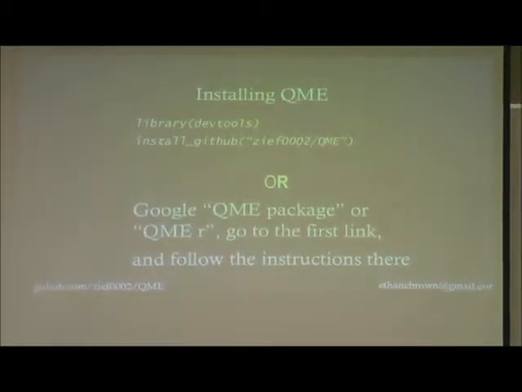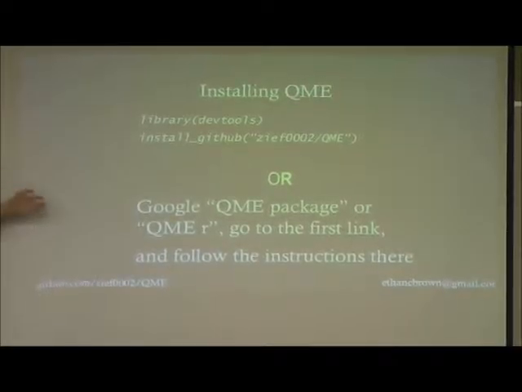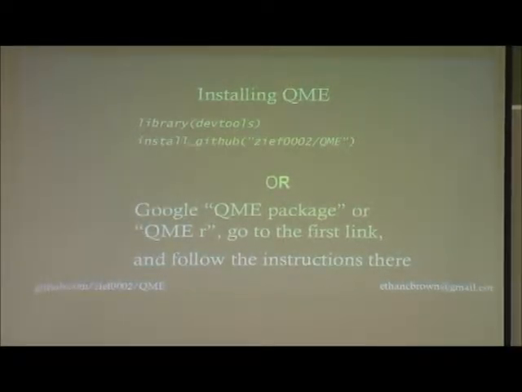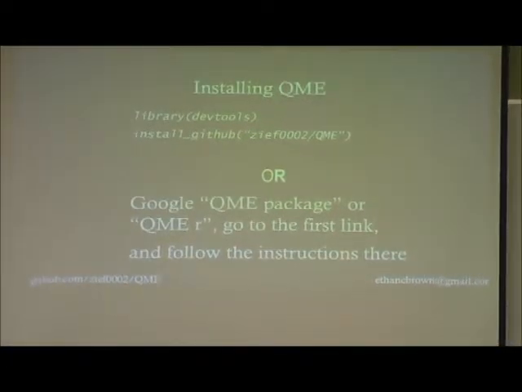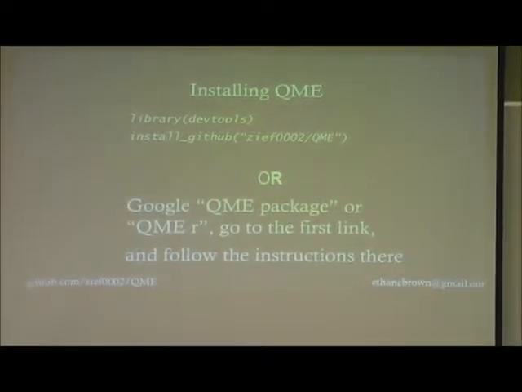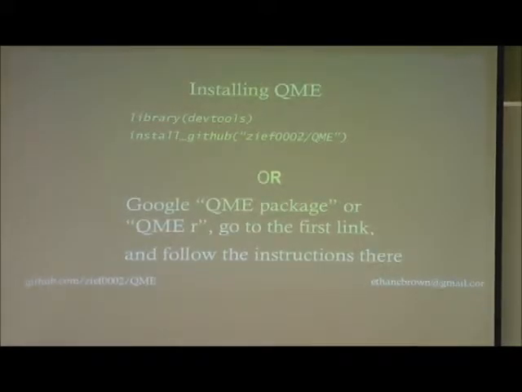You use the install GitHub command. You can also just Google QME Package or QME R and it'll help you install it. The package currently isn't on CRAN, so you can't use the install.packages function, but it's relatively easy to get going on your computer.